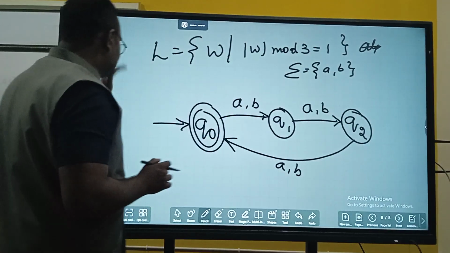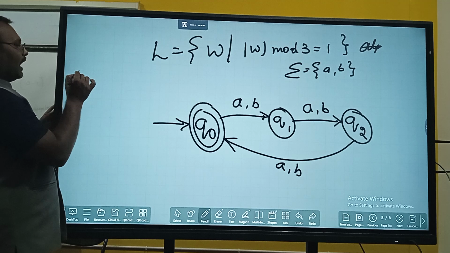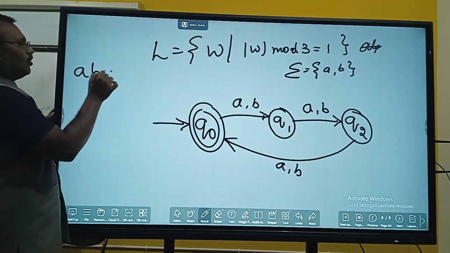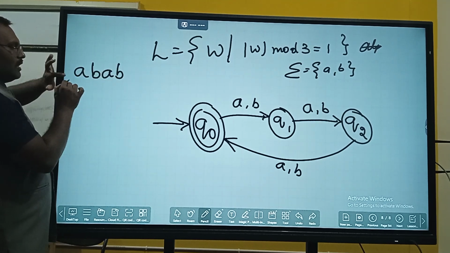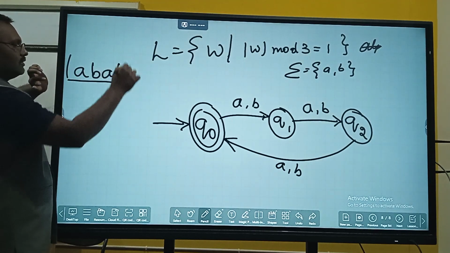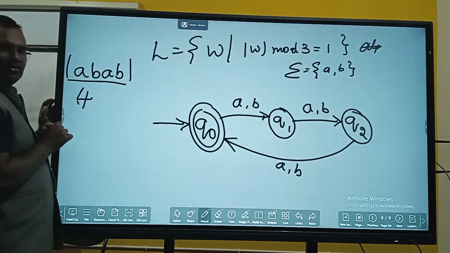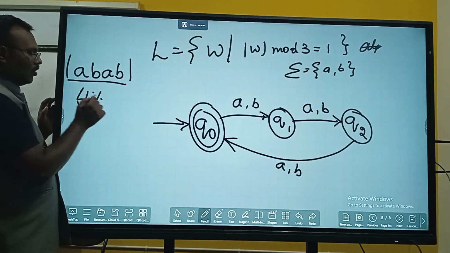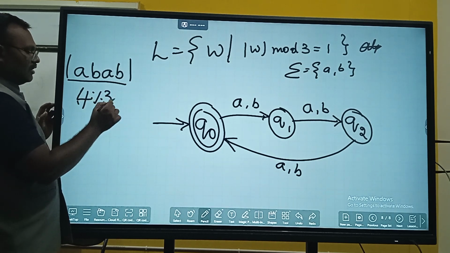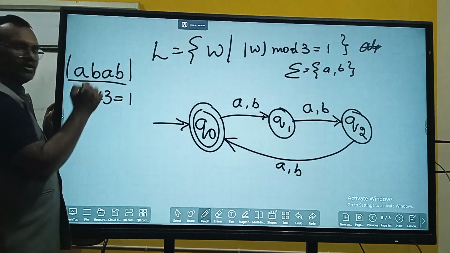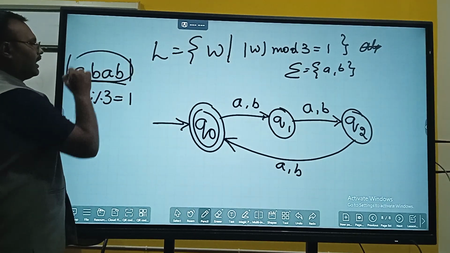That means what? See here, I will take 4 characters. Now what is the length of this? The length of this is 4. When I divide 4 by 3, what is the remainder value that I get? 1. So this should get accepted.